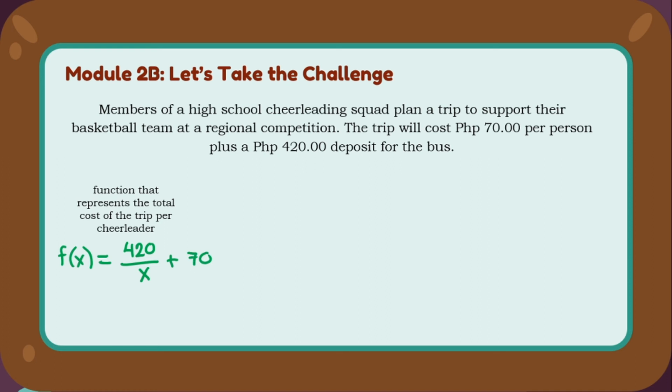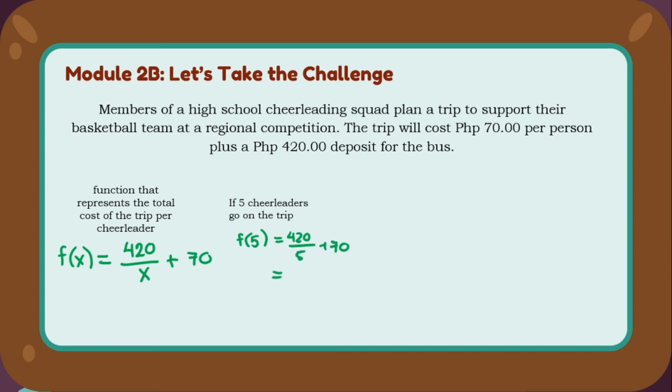So therefore, this now is our function that represents the total cost of trip per cheerleader. Alright. Magkano ang babayaran kapag 5 cheerleaders ang sumama sa trip? We will just substitute 5 into our function. So that will become f of 5 is equal to 420 over 5 plus 70.